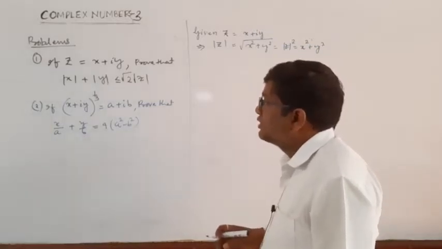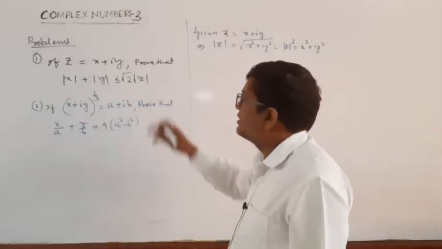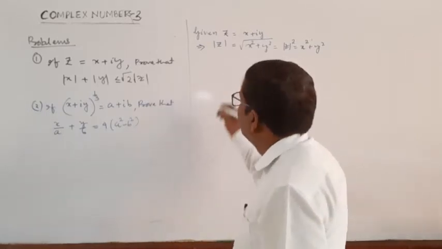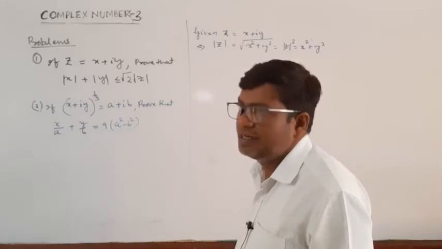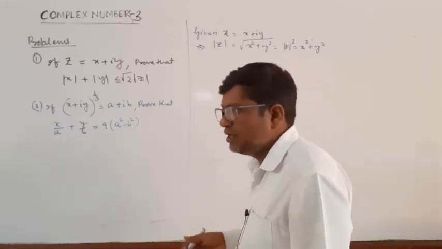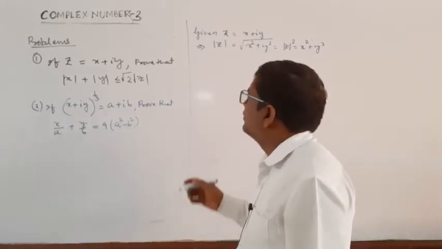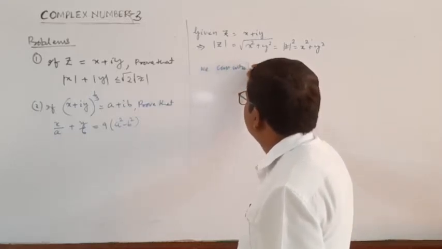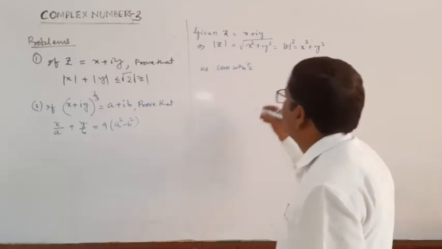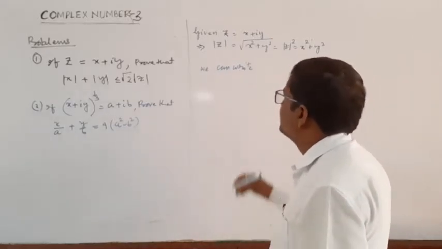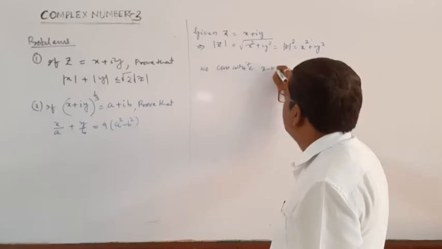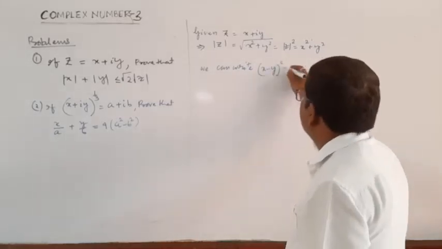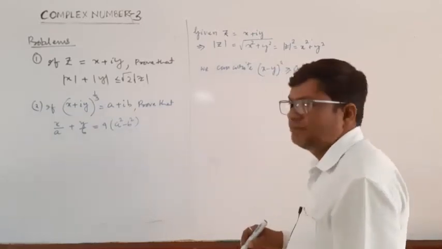Now to prove mod x plus mod y is less than or equal to root 2 mod z. Okay, we know any number square is greater than or equal to 0, that is we can write x minus y whole square is greater than or equal to 0.